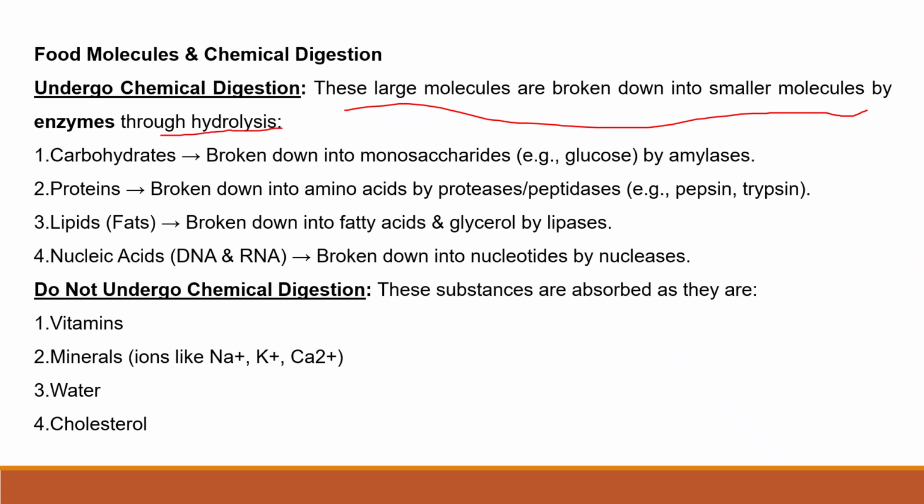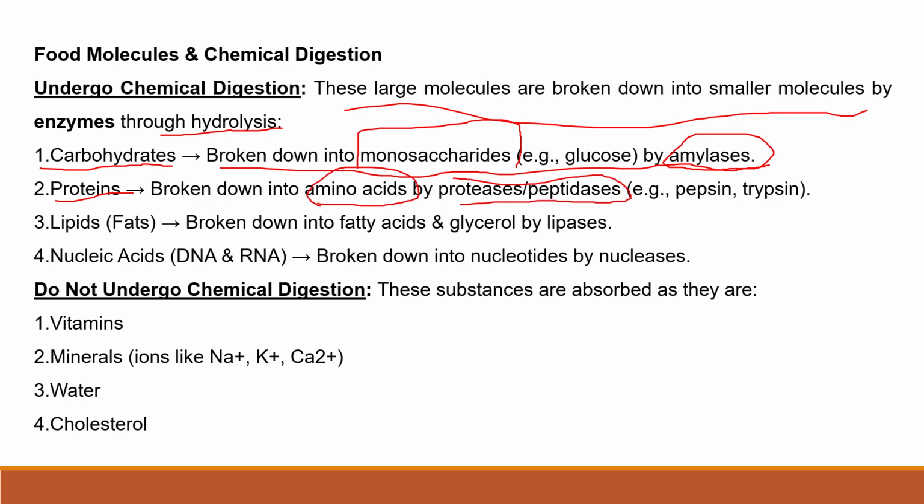For example, carbohydrates: with the help of the amylase enzyme, carbohydrates will break down into monosaccharides, and proteins will break down into amino acids with the help of proteases or peptidases enzymes. As examples, you can see pepsin and trypsin.